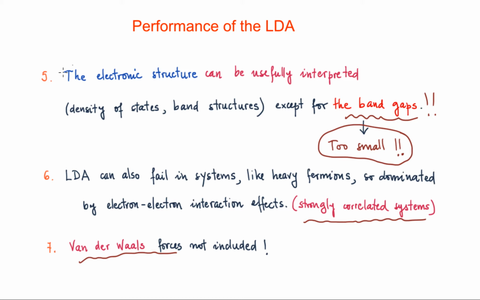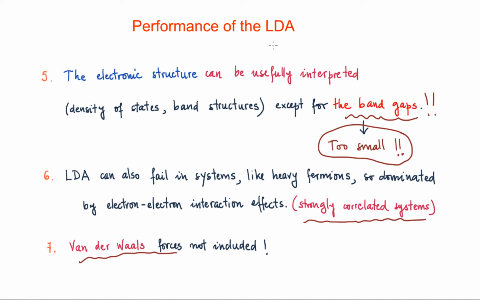So these are basically the main features of the performance of the LDA for different physical properties, which can be useful to have a general picture of how well the LDA does in analyzing them.